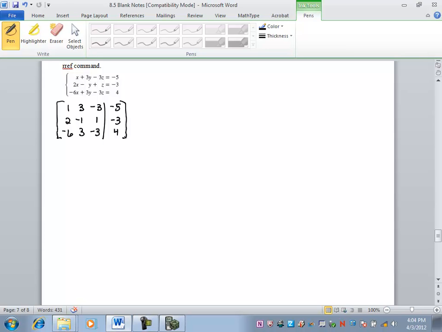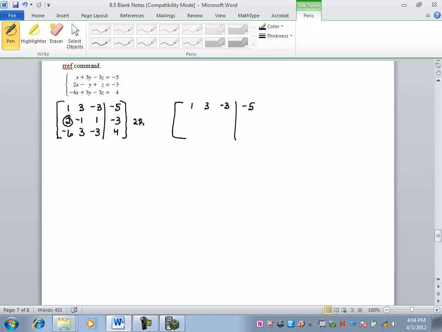Now, good news is we've got a 1 already up here. So what I'm going to do is try to make this a 0. I'm going to do that by leaving the first row the same: 1, 3, -3, -5.